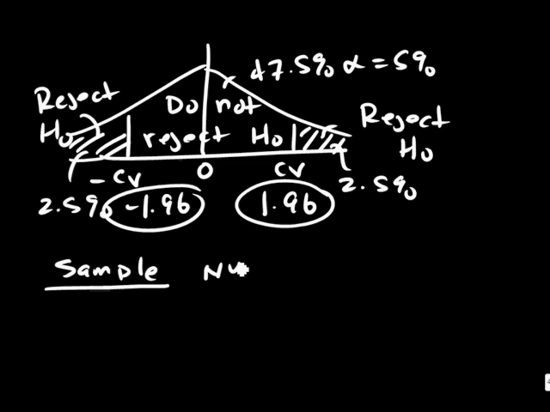The sample proportion for population 1 indicates that of 558 New Yorkers surveyed, 193 knew the product. So, sample proportion 1, which represents population 1, New York, will be 193 over 558.